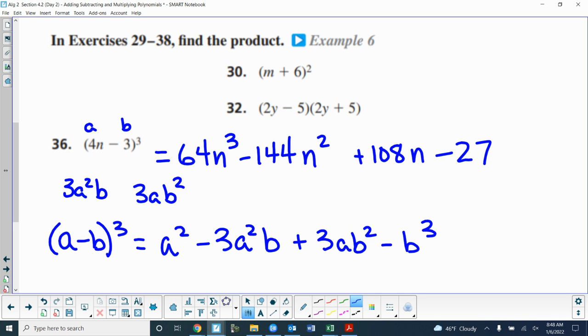Did you put away this? You have, here it is, day one. So confusing. Yeah, that's the shortcut. Yeah, so it's a cubed minus 3a squared b plus 3ab squared minus b cubed. Yeah, I did it right.